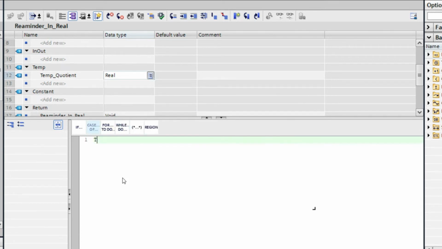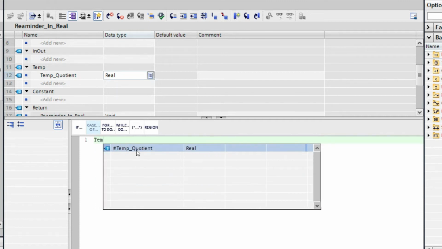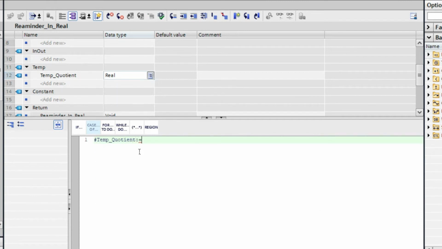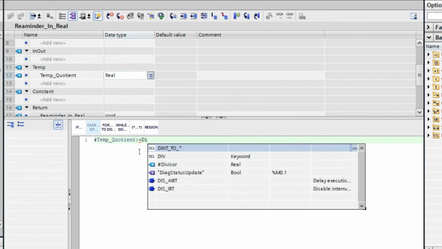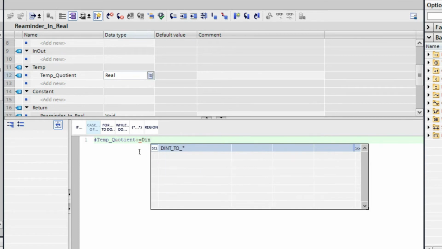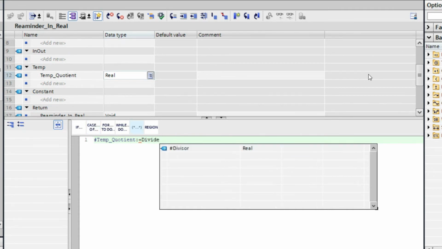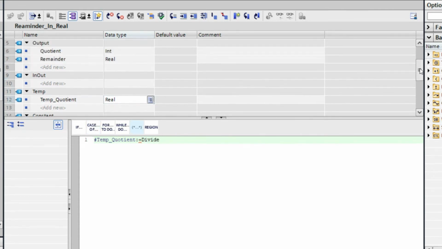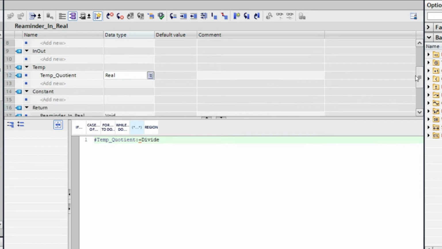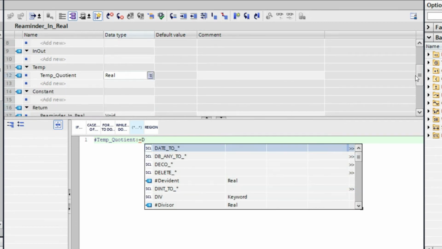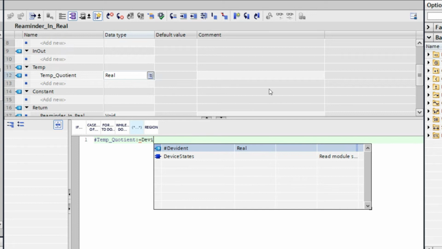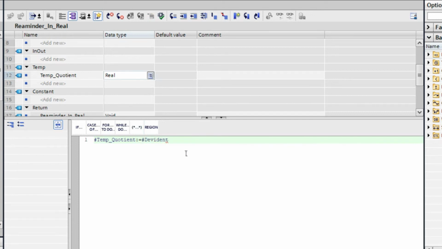So here our output is temp quotient, equal to dividend divided by divisor.